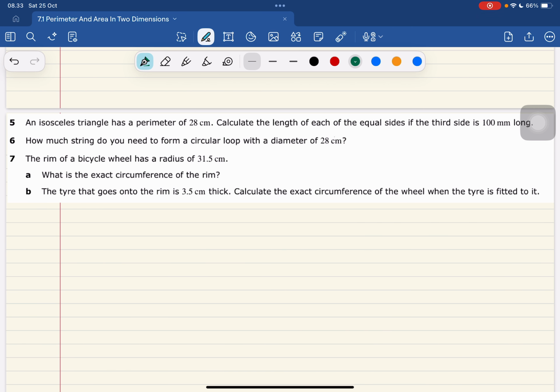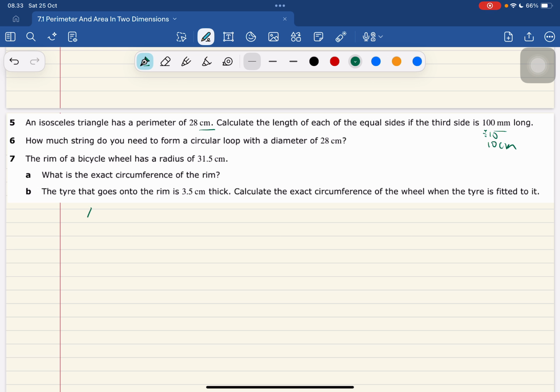Next, number 5. An isosceles triangle has a perimeter of 28. Calculate the length of each of the equal sides if the third is 100 millimeters. Okay, we can change it into centimeters or millimeters, but it has to be the same unit. So if we want to make it centimeters, we just divide by 10, so it's going to be 10 centimeters.